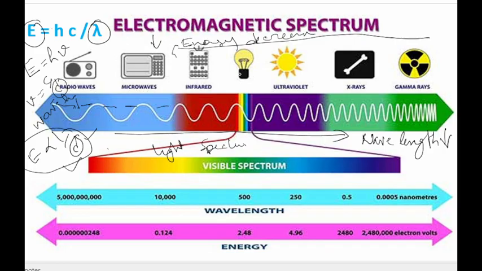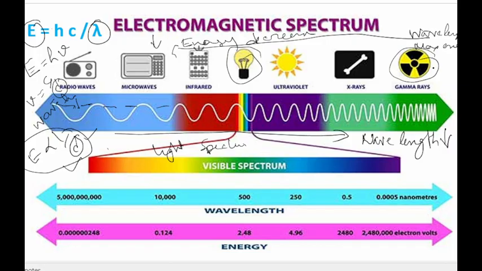Like this, visible light has less wavelength in comparison to infrared, but has more energy in comparison to infrared. Like this, gamma rays have the least wavelength, but they have the maximum energy.